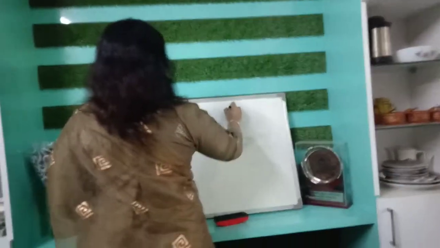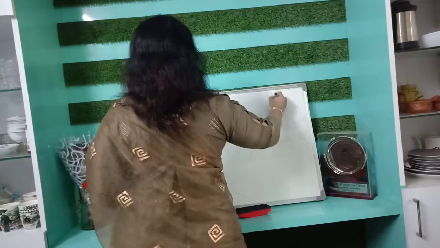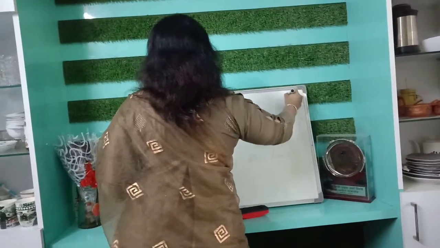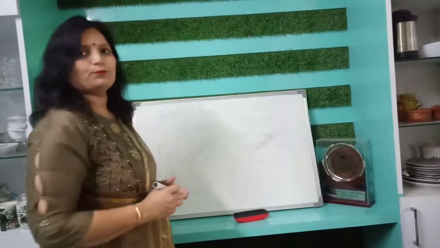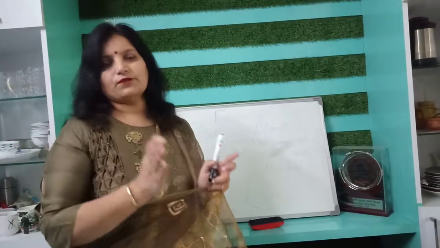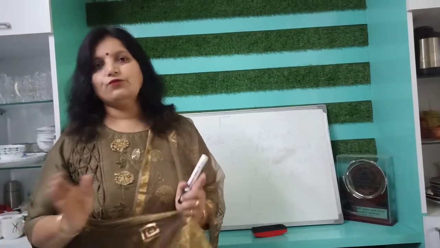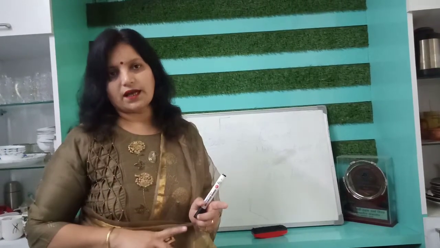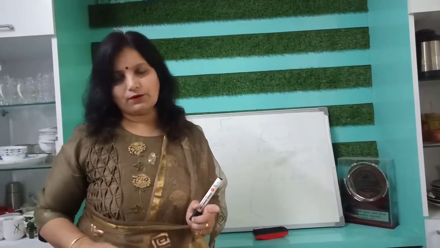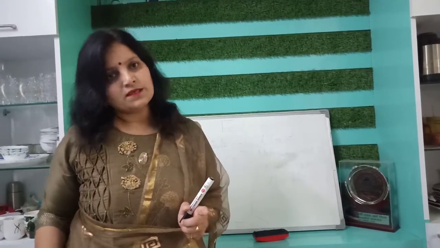Then in tabular form you have to prepare a chart. One side is food from plants, and the second side is food from animals. Food from plants is also divided into food from roots, second food from stem, third food from leaves, fourth food from flowers, and last food from seeds.